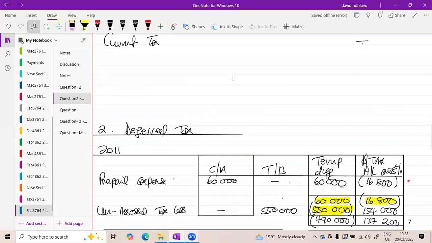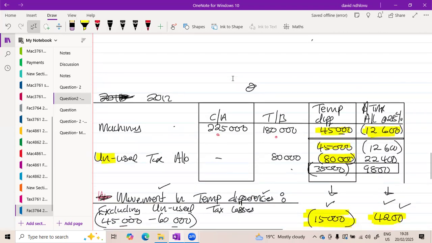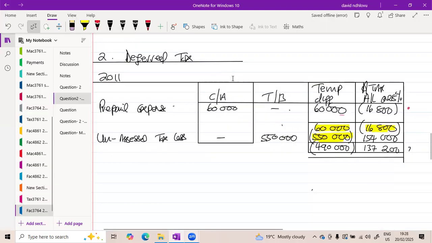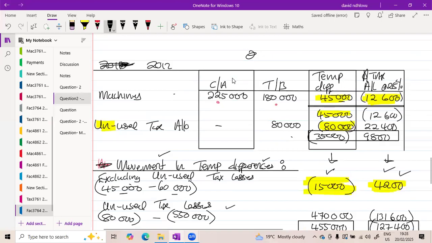Right? If you want to understand this, remember, we are saying we moved from a deferred tax expense of 16.8, which was a deferred tax liability. Right? And then it reduced to 12.6. So there's been a decline in a liability. Now, what reduces a liability is income.